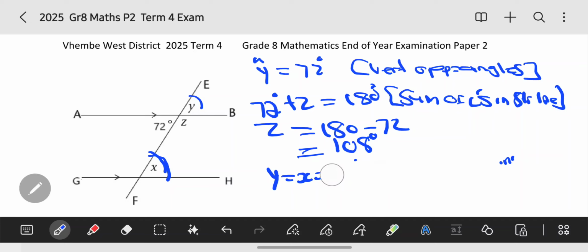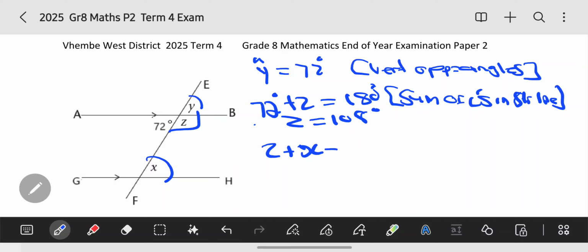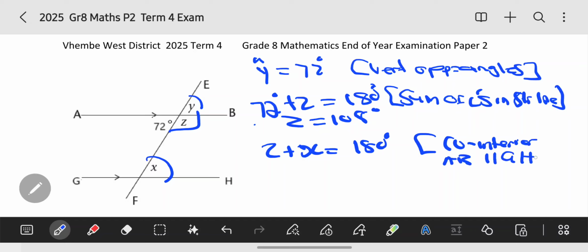But someone can choose to say, I want to do it like this, because we know that Z is 108. They can say angle Z plus angle X is going to give us 180. Z plus X is equal to 180, and the reason can be co-interior angles, because AB is parallel to GH.